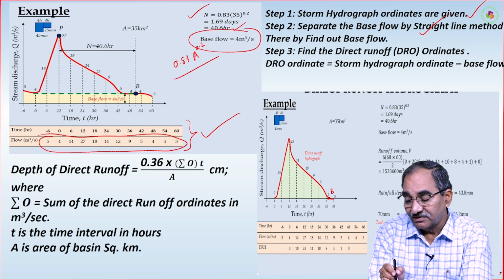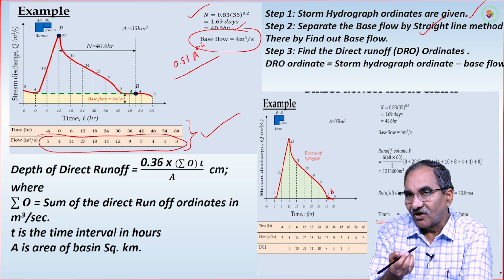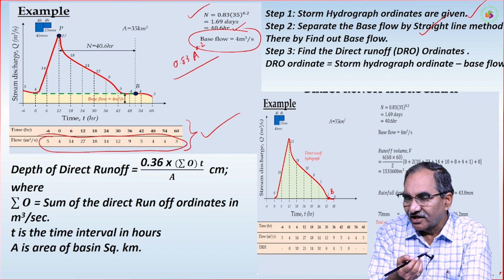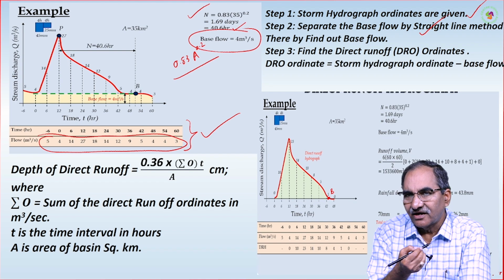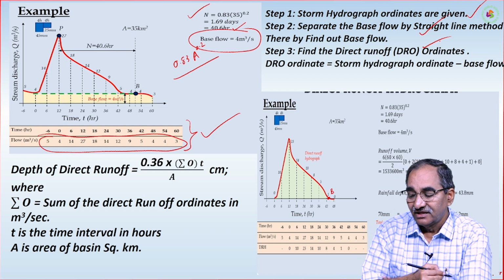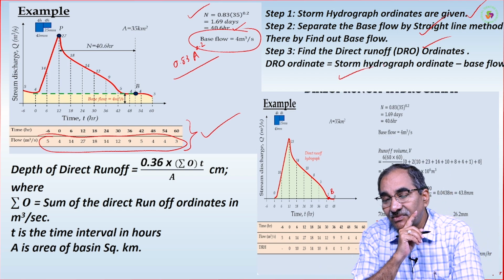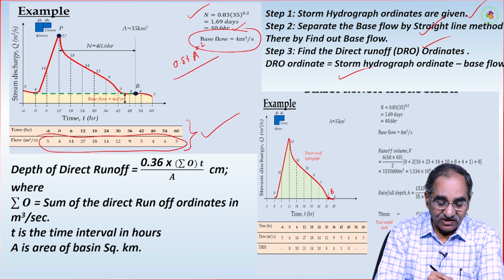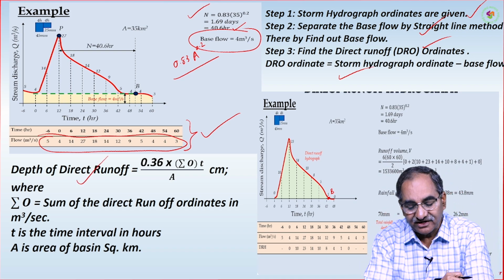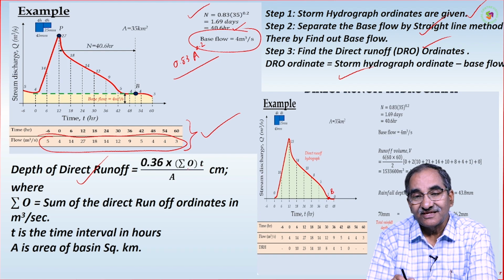Now storm hydrograph ordinates are this. Now you remove that base flow, and whatever ordinates you are getting are nothing but direct runoff ordinates. So that is how we got it. Direct runoff ordinate is equal to storm hydrograph ordinate minus base flow. Then how to find the depth of direct runoff? 0.36 into sigma O into T by A. What is sigma O?